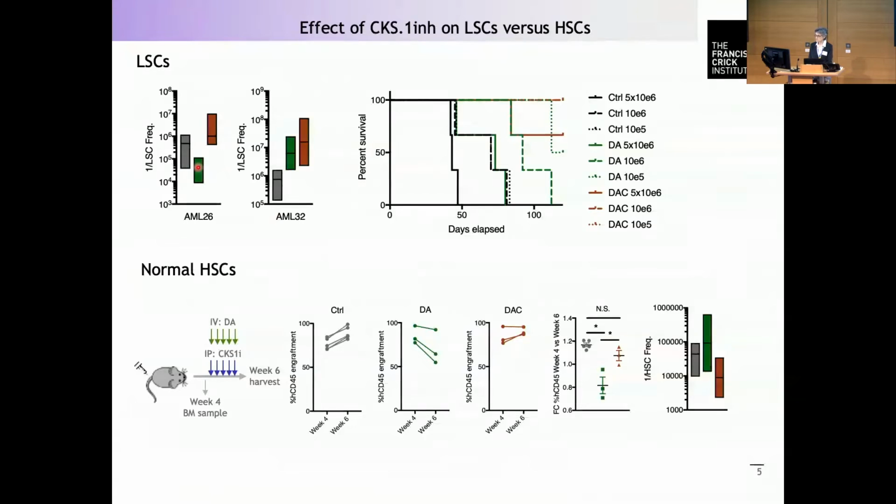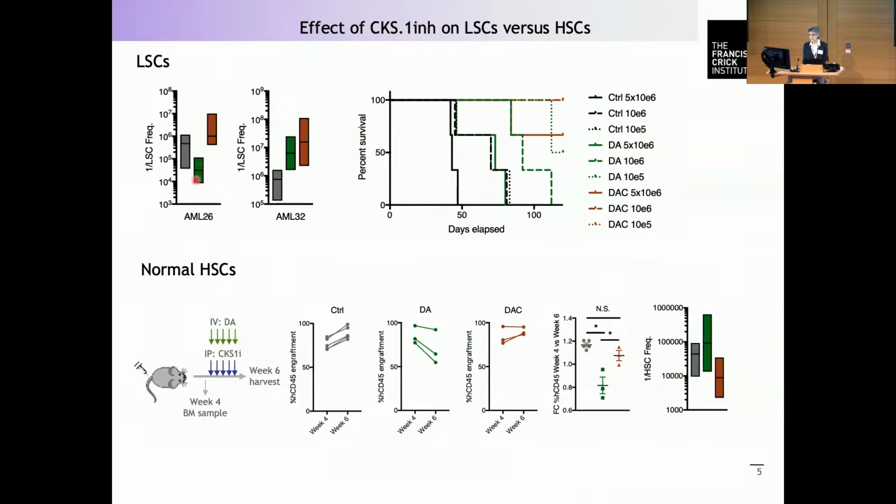green, which is essentially a combination of AraC and doxorubicin, which is used in patients, and showing that if you treat this patient with this combination, for some patients, like this patient AML 26, for example, doxo and AraC kill mostly the leukemic blasts, but not really the leukemic stem cells.